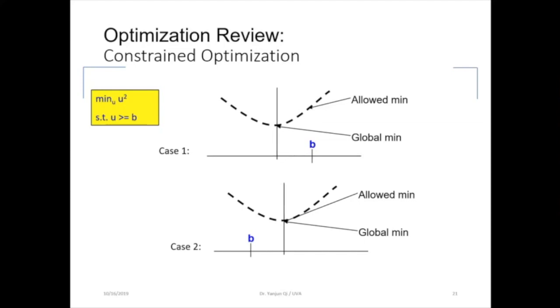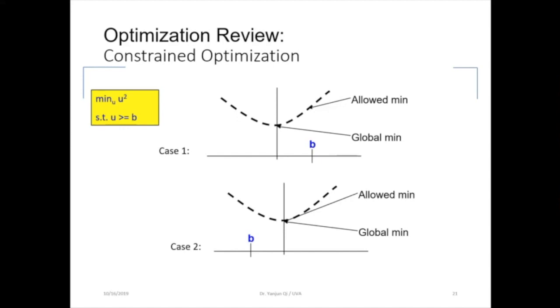Whenever you see this formulation, there are 3 elements to clarify. What is my objective function? In this problem, my objective function is u quadratic. Who is my variable to optimize the objective function? It is u. And what is the constraint? There is only one constraint in this case: I want the final solution u to be larger than or equal to b, and b is a given scalar.